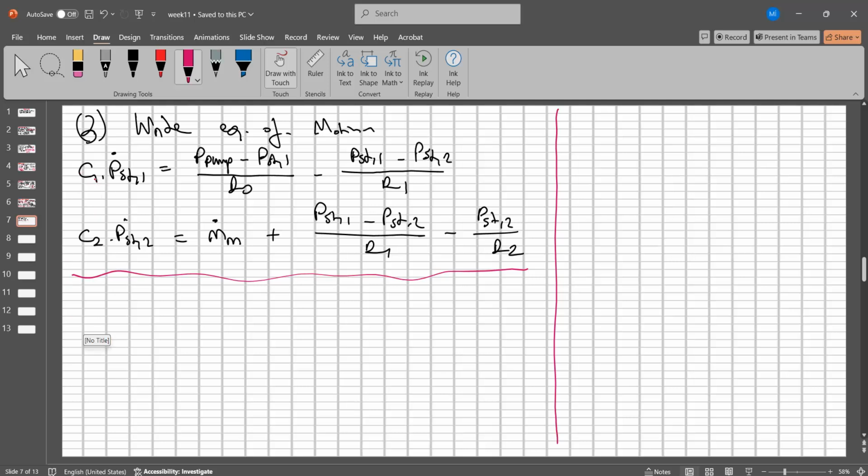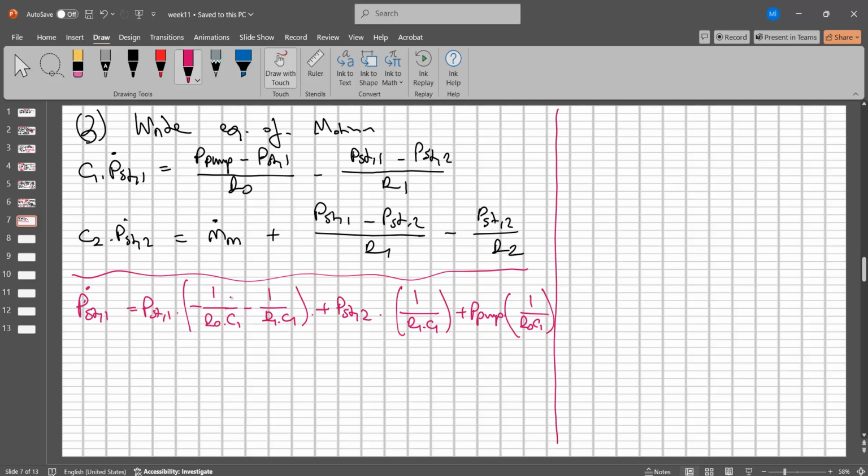C1 is divided by the right-hand side, and so we obtain PST1 dot is equal to PST1 times minus 1 over R0 C1 minus 1 divided by R1 C1, plus PST2 times 1 divided by R1 C1, plus P pump times 1 divided by R0 C1.